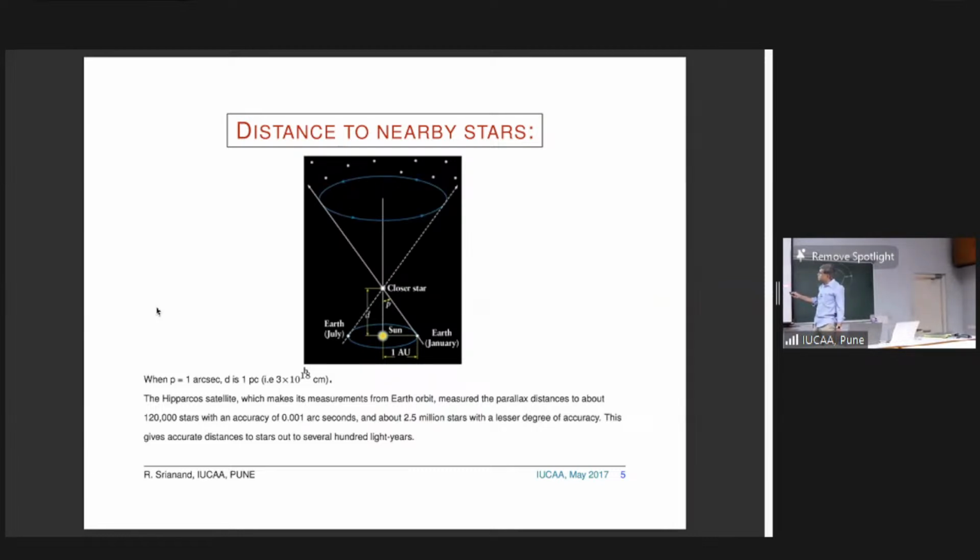We are interested in finding D. So you will do tan theta, and you can find out the distance. This distance measurement is what is known as a triangulation measurement. This is how you measure the distance to different stars.